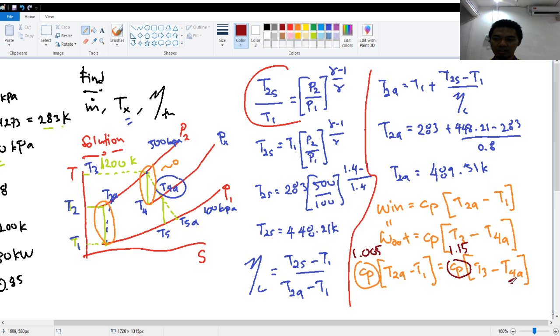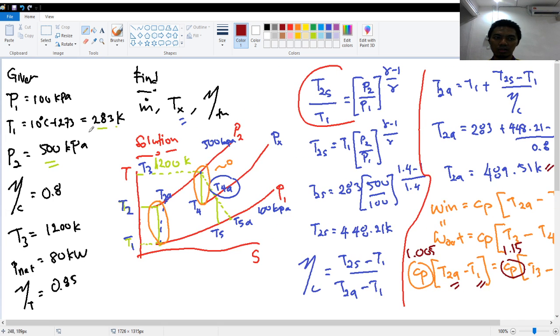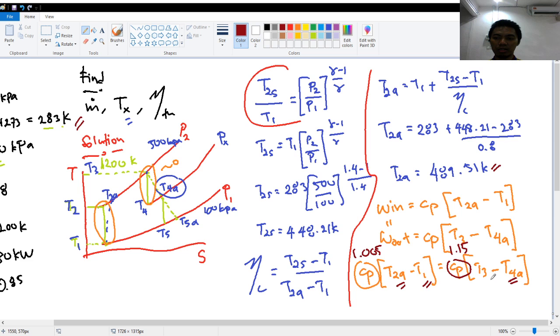So you can find the T4. T2A you already calculated, and T1 is given inside the question, this is your T1, 28K. The T3 is also given inside the question, which is 1200 Kelvin, and you can rearrange back. You can get a T4A.